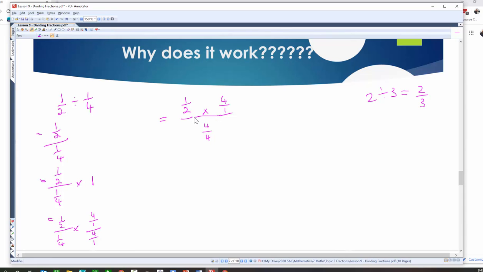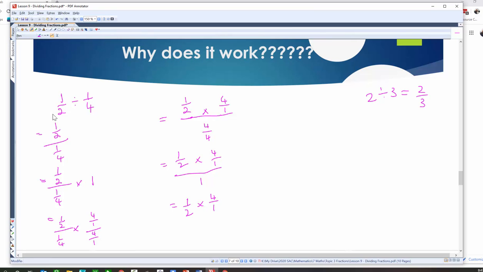So we can say that it's going to be a half times 4/1 over 4 over 4. Well, 4 over 4 is just 1. And dividing by 1 doesn't do anything, so I can simply rewrite it as a half times 4 over 1.